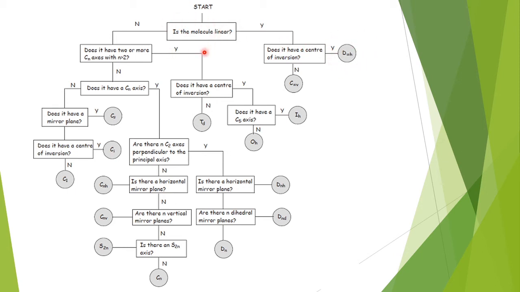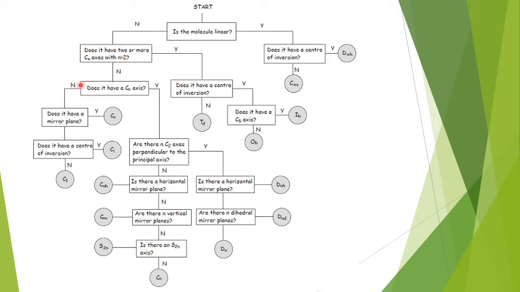And what if it is not linear? Then we have to go for the next question. Does it have two or more Cn axes? We have to check if there are two or more Cn axes where n should be greater than 2. That is, it should have two or more C3, C4, C5, etc. axes of symmetry. What if it doesn't have two or more Cn axes?